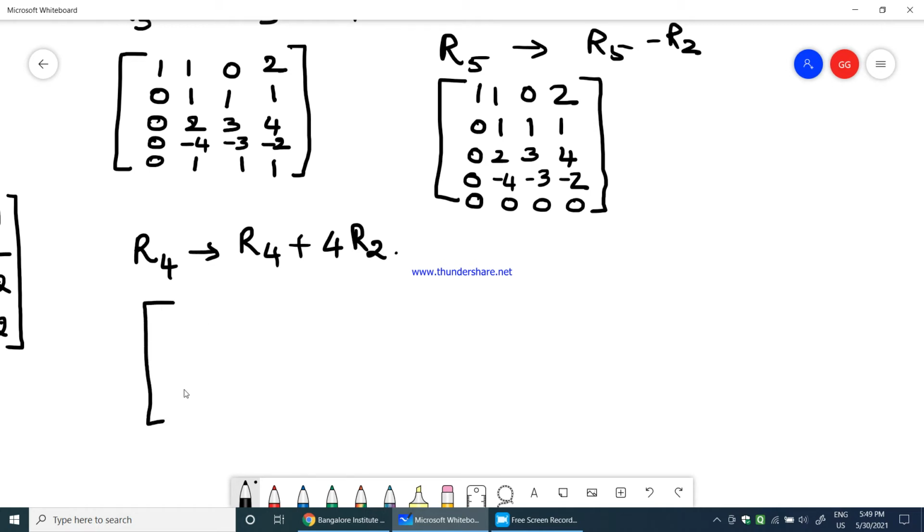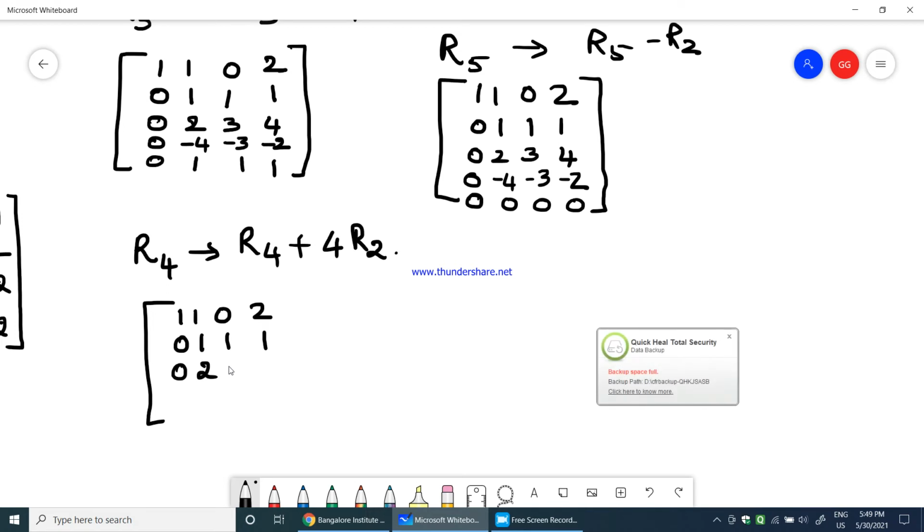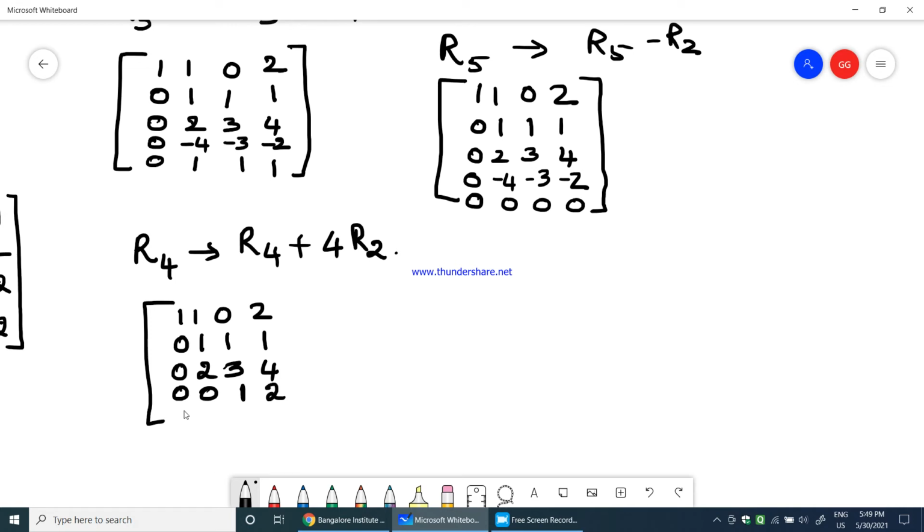So what will I get? 1 1 0 2, 0 1 1 1, 0 2 3 4, then R4 is 0 plus 0 is 0, minus 4 plus 4 is 0, then minus 3 plus 4 is 1, then minus 2 plus 4 is 2, and then 0 0 0 0. So this is the matrix which we have got.